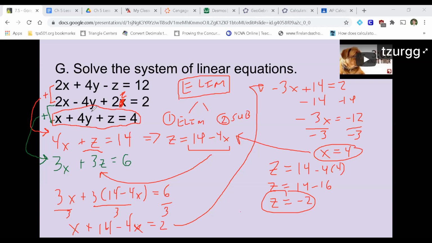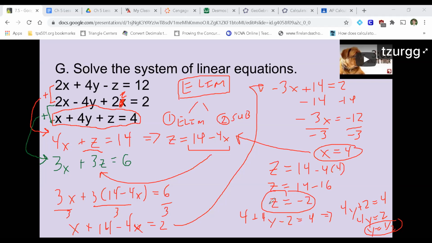So I'm going to get 4 plus 4y minus 2 equals 4, which means 4y plus 2 equals 4, which means 4y equals 2. So y is 2 over 4, or a half. So that's my answer. X is 4, y is a half, z is negative 2.